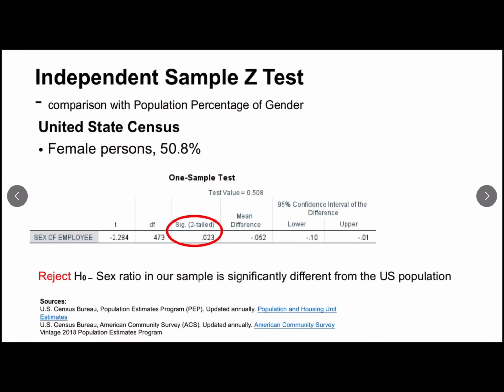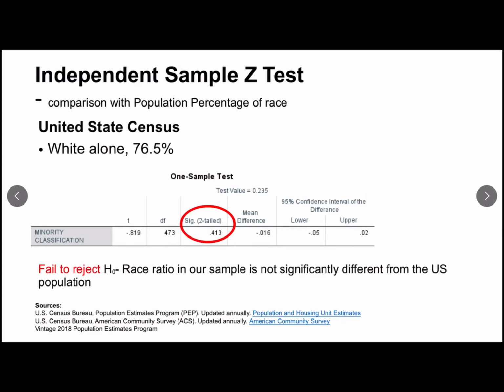We can see that female persons accounted for 50.8% of the whole population, and the p-value here is 0.023, which means that the sex ratio in our sample is significantly different from the US population. We did the same test on race, and we found that the race ratio in our sample is not significantly different from the US population.